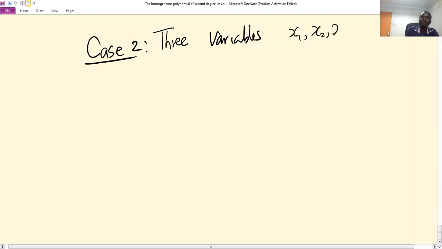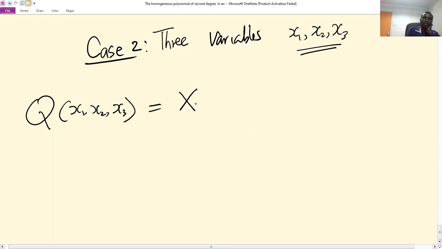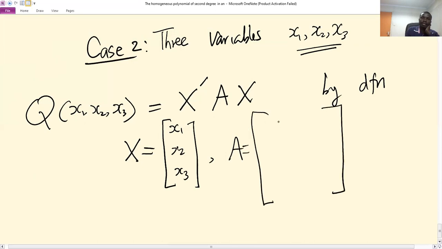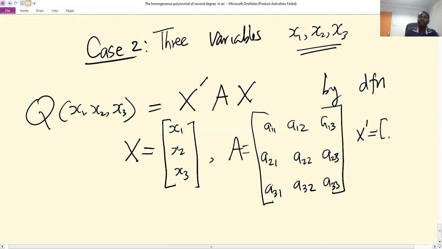By definition, the quadratic form Q of x1, x2, x3 will be given by X prime A X, where X is this vector with x1, x2, x3, A is this 3 by 3 matrix, A11, A12, A13, A21, A22, A23, A31, A32, A33, and X prime is the transpose of x1, x2, x3.